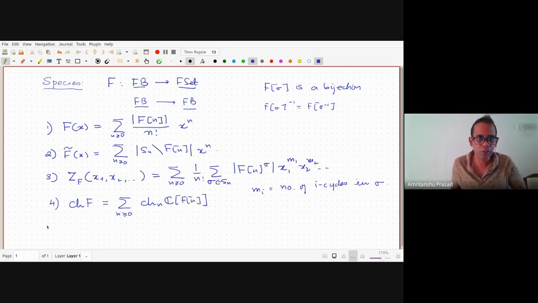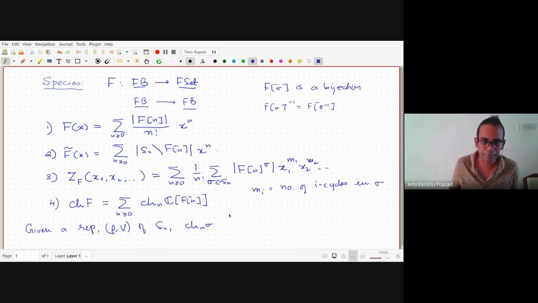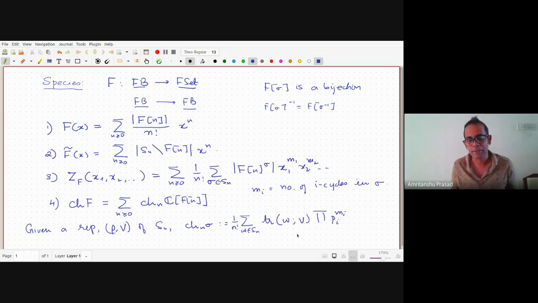So recall that given a representation rho, V of Sn, its Frobenius characteristic is defined to be the symmetric function 1 over n factorial, summation w belongs to Sn, trace of w on V, and then we have the product p i raised to m i, where once again m i denotes the number of i cycles in w.